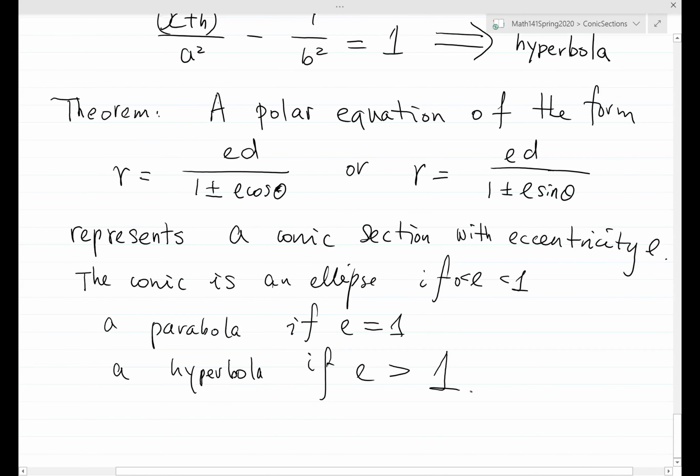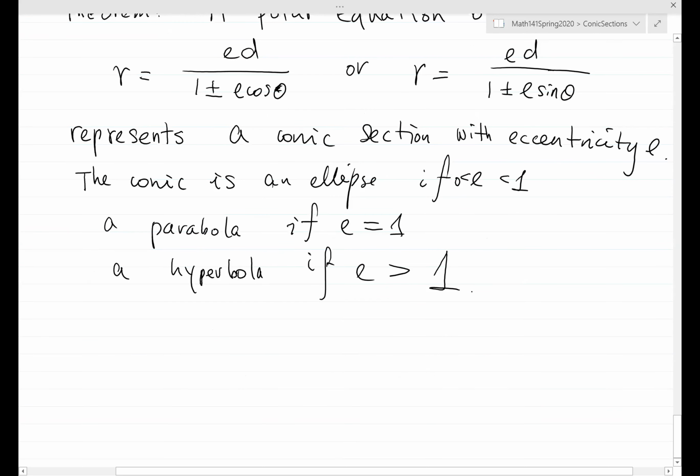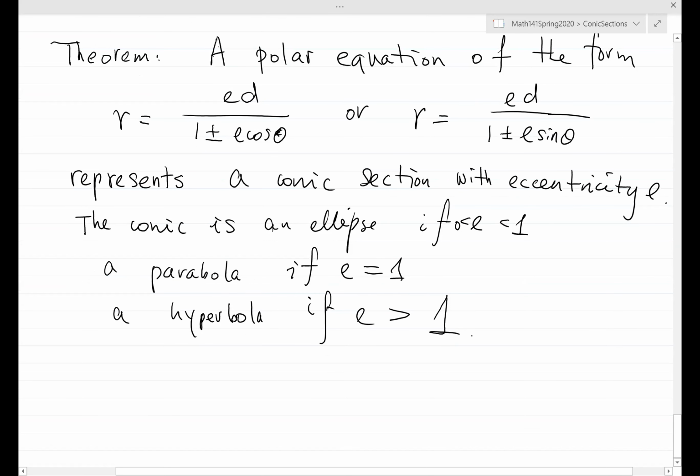Let's see some examples. Now let me give maybe a remark. This polar equation of conic sections actually plays a really important role in the development of mathematics in history.